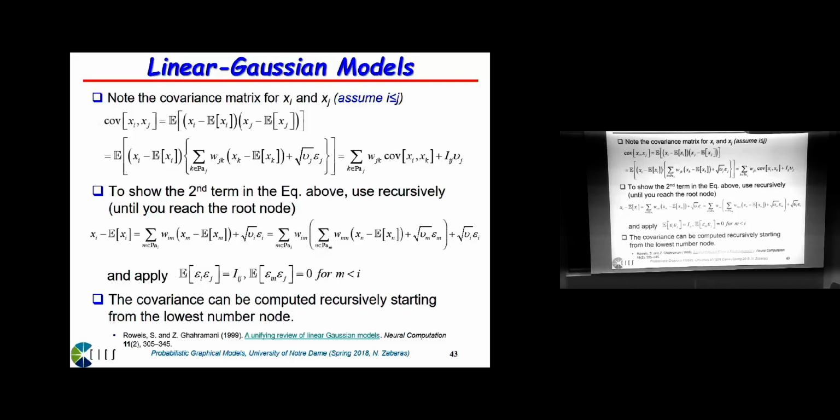Now I'm going to have a summation over the parents of j, wjk, times the expectation of this parenthesis times that, which is the covariance of xi and xk. So the first term is the easy term, and then there is the expectation of this parenthesis times the term that involves epsilon j. If the previous equation is correct, that product of expectations needs to come out equal to this.